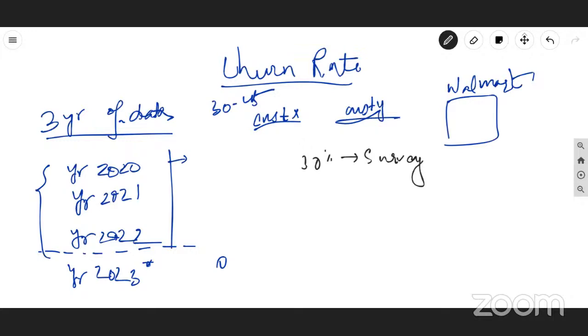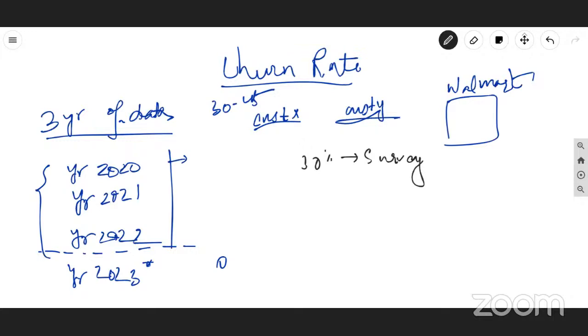So this is again, the idea is good, but the fill rate of the data will be very low, because very few people will come and say that they will fill the survey irrespective of whatever service they got.